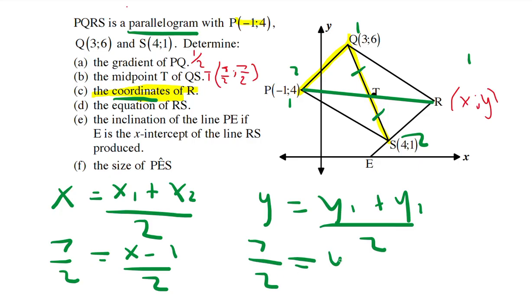Then y is unknown, then it is plus 4 over 2. Then you solve for y, right? You can use cross multiplication, then you get the answers. Your answer should be in coordinate form, right? You start with x, then you end with y, the y value that you get after calculating.